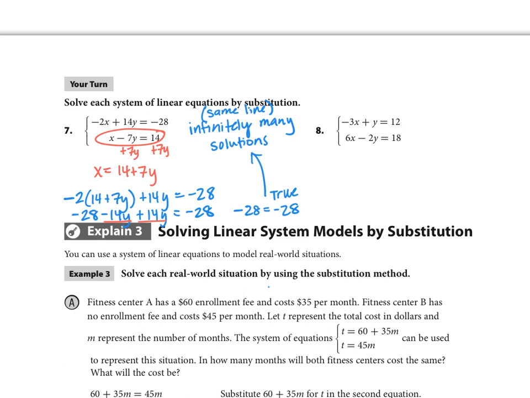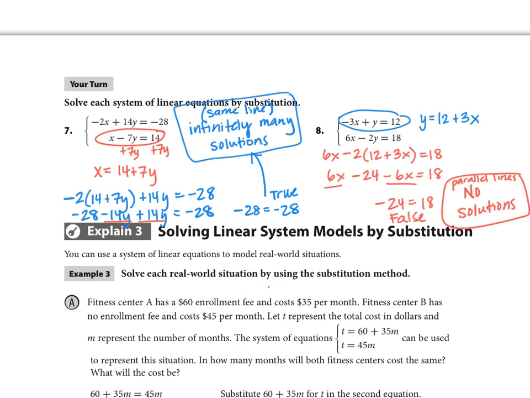Okay, go ahead and try number 8. In about 5 seconds, the solution is going to show up. For number 8, I solved for y in the first equation, got y by itself. I used that expression equal to y to substitute it into the other y, and I got this equation.